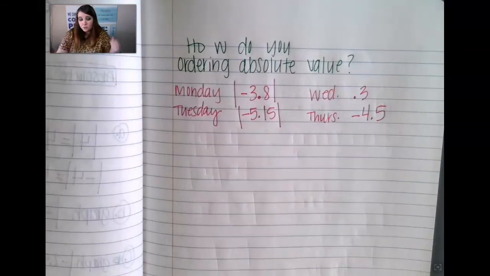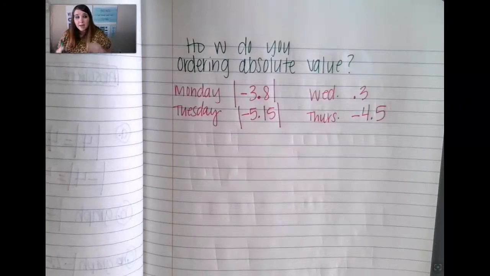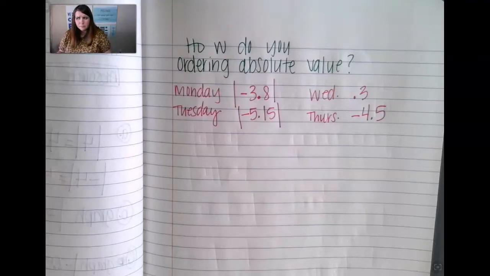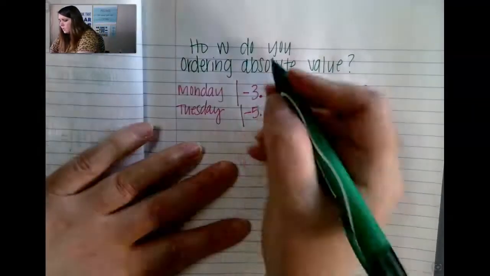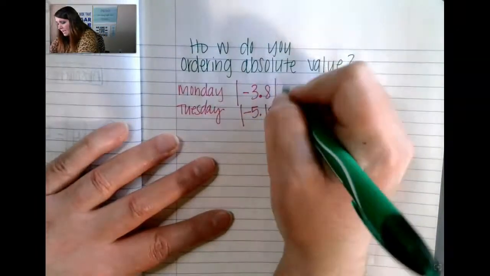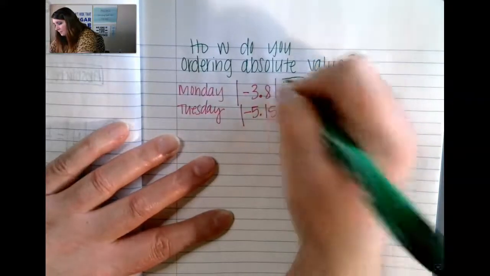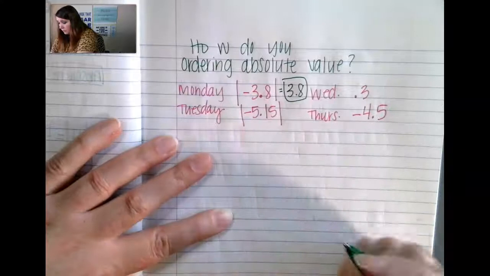So what we're going to do first is look at all the ones that have the absolute value sign and rewrite them as their real rational numbers. This one is negative 3.8, but it's really 3.8 when it's in this symbol.